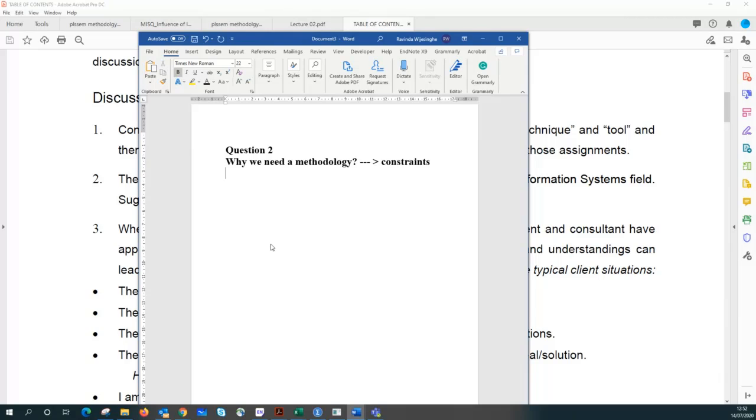So what do we mean by system development methodology? As I mentioned before, you can mention that a little bit in the second line.